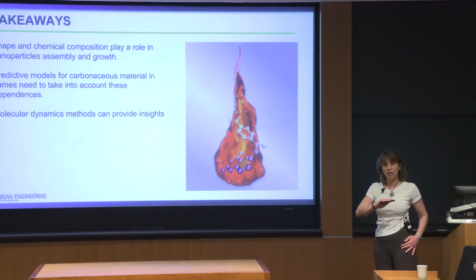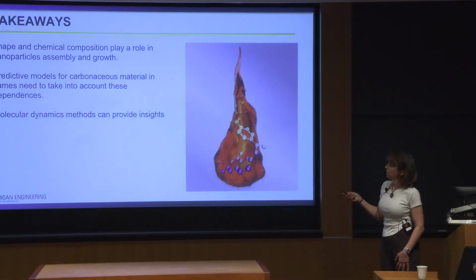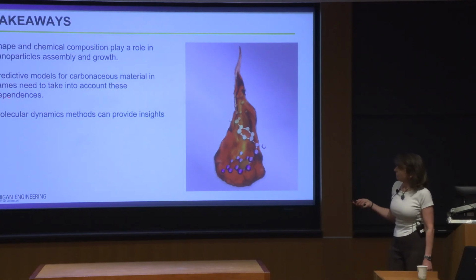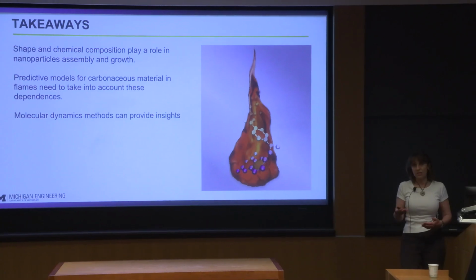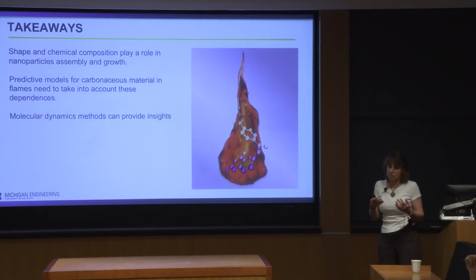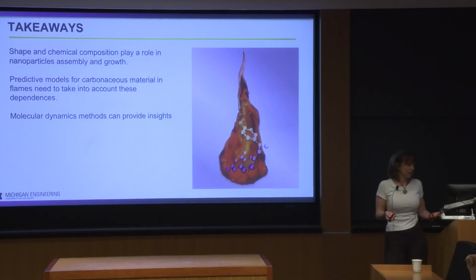Before we were talking about pHs, right? Now I'm looking a little more at those nanoparticles going up. Some predictive models for those materials in flame need to take into account this dependency. MD is basically something that gives you insight. Then you need to take a leap and get to some more macroscopic properties so that they can be used in empirical models.